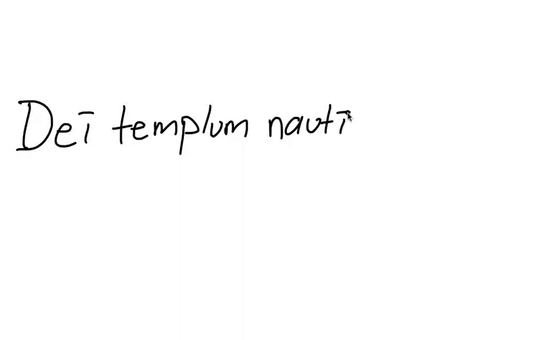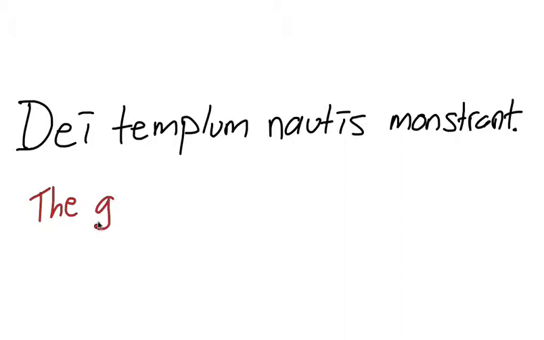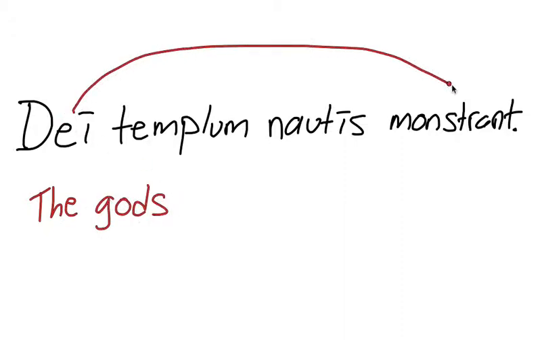Dei templum nautis monstrant. So in this sentence, dei, the gods, right, that's nominative plural, second declension. The gods, what do the gods do? Show, the gods show. What do they show?